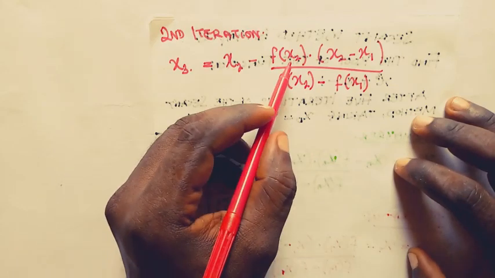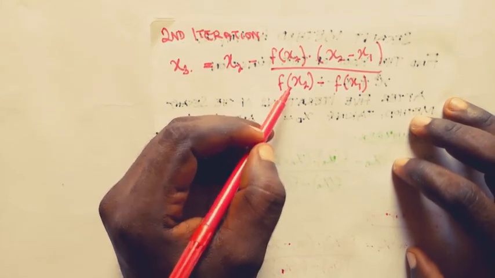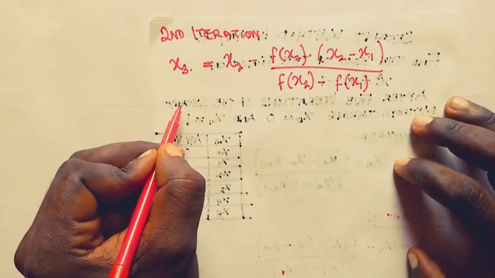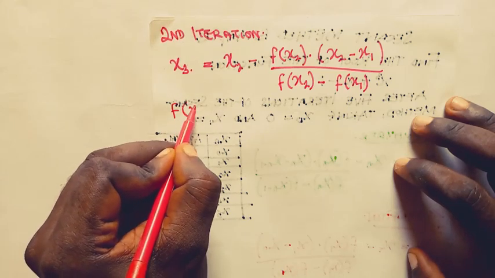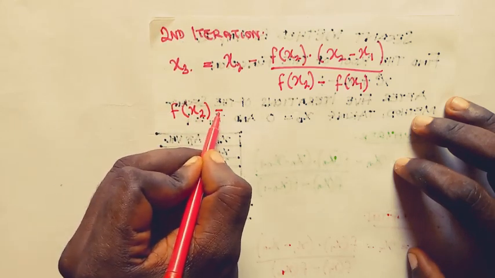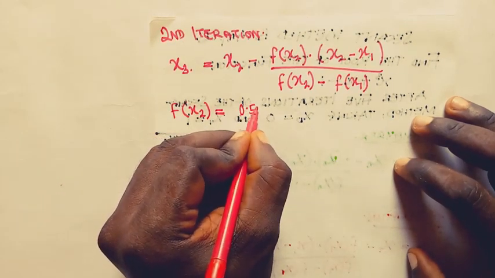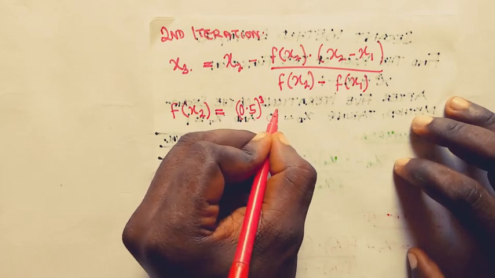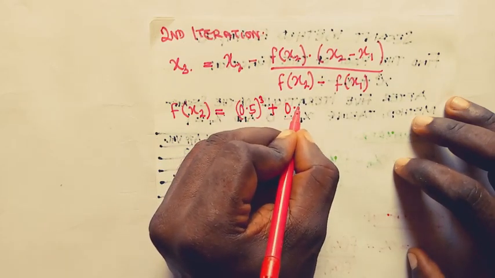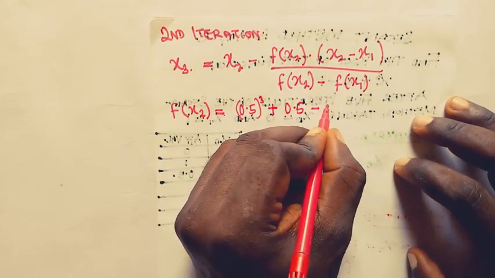And I quickly like to derive the value of f of x2. The value of f of x2 is going to be equal to 0.5 cubed plus 0.5 minus 1.